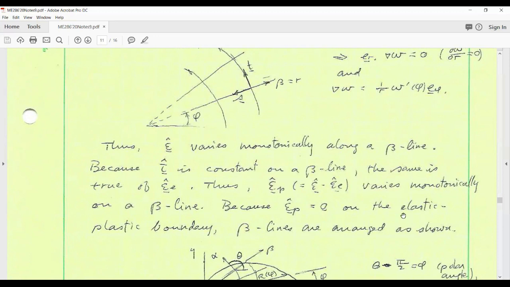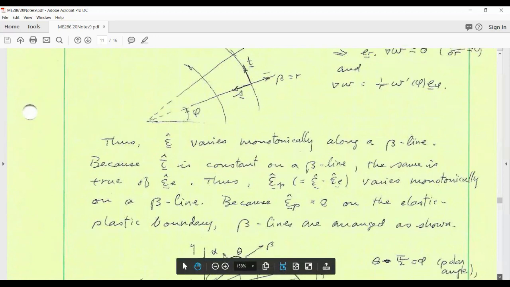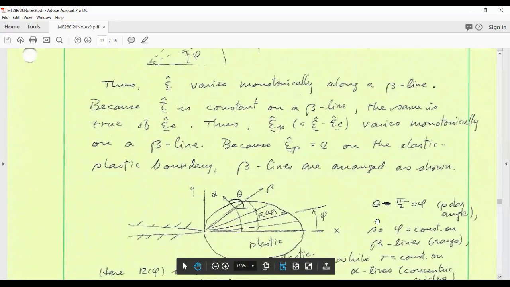So we can imagine there's going to be a boundary between the elastic and plastic solutions that looks like this. Take a beta line: the plastic strain decreases monotonically until it's 0, let's say, and at that point you're on the boundary between the elastic and plastic regions, right?